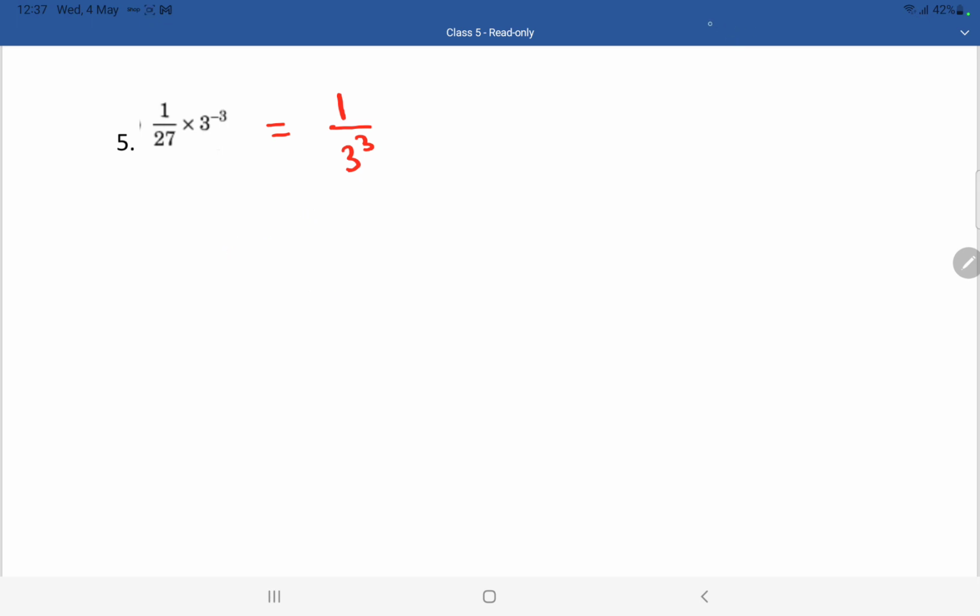Now, into 3 power minus 3. I can write this 1 by 3 power 3 as 3 power minus 3, because it is in the denominator, it will come to the numerator and the power will become negative. So 3 power minus 3 into 3 power minus 3.